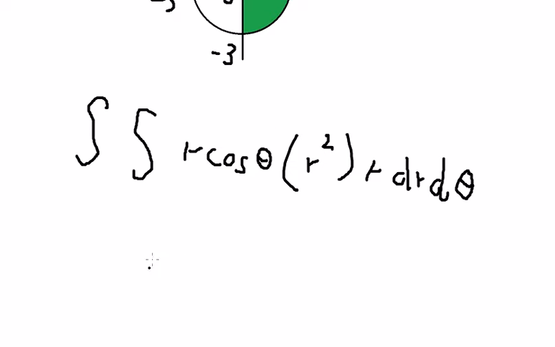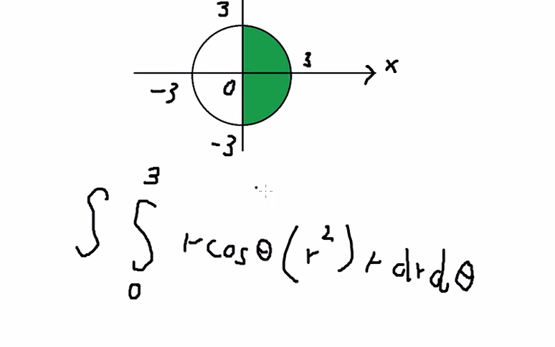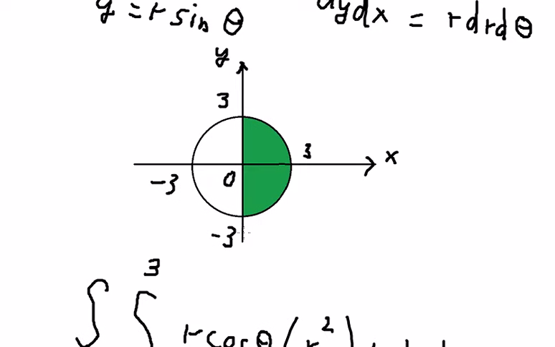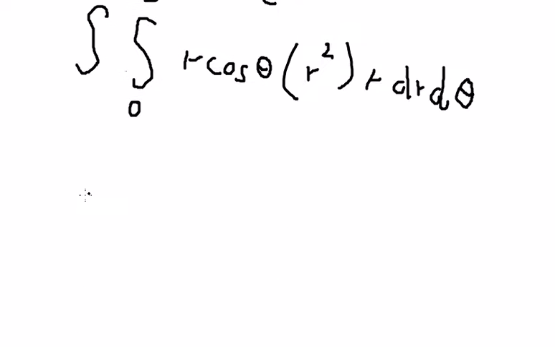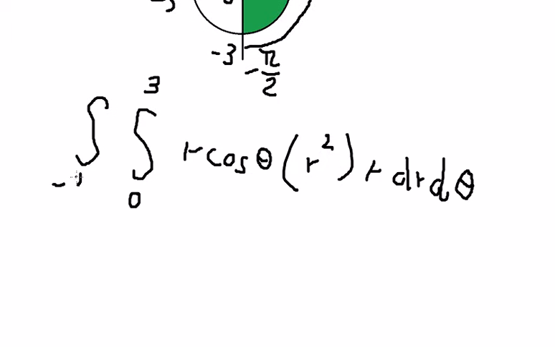So we know that this is the radius. We start from 0 to number 3, and we know that they start from this one in here to here. So that means they start from negative pi over 2 to pi over 2 in this circle. So we put negative pi over 2 in here and pi over 2 in here.